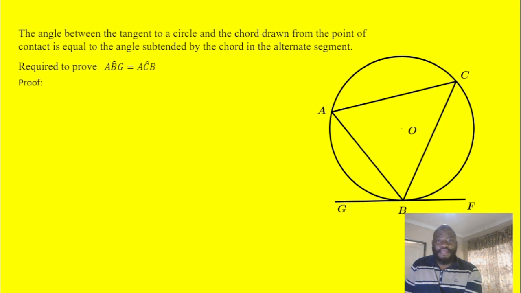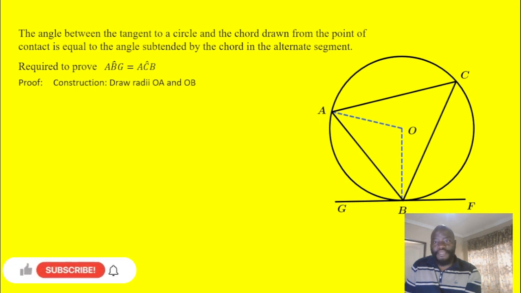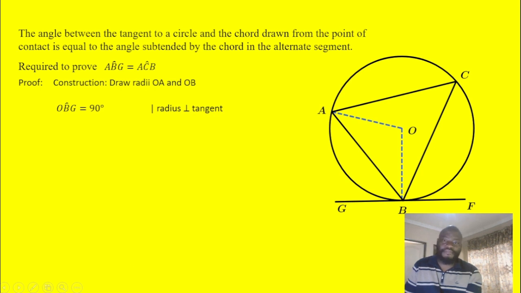So this time around, to prove them, we'll construct radii OA and OB. Okay. Then again, we start by saying OBG is 90 degrees, radius perpendicular to tangent. Now, it means this angle here again we can call 90 minus ABG. Okay.